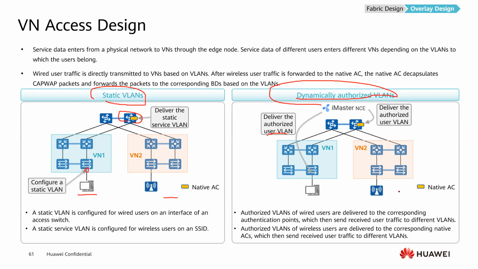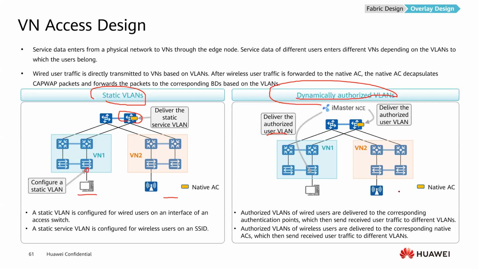However, there is a special one, which is the portal authentication of the wireless user. For the portal authentication, you need to get the IP address first, and then you need to go through the portal process, right?